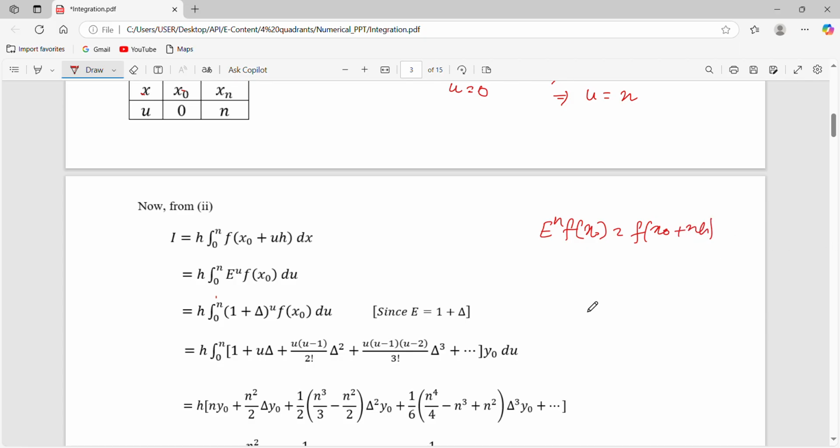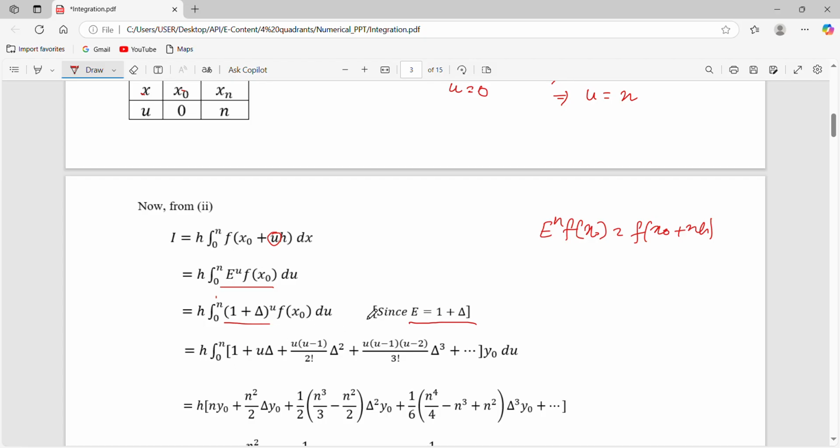So here E to the power u f(x0). Again, from the relation between the shift operator and the forward difference operator, we know that E equal to 1 plus delta. So we can write (1 plus delta) to the power u f(x0) du.